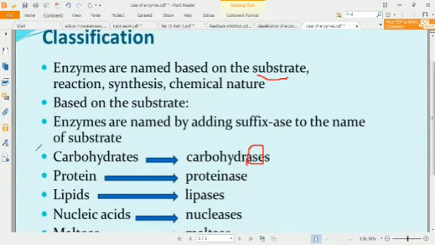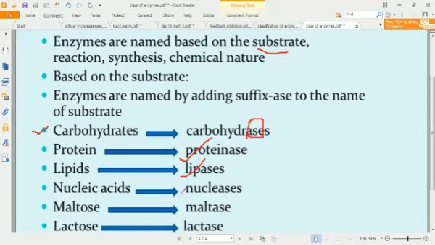Carbohydrates are acted on by carbohydrases. Then we have proteases, or proteinases, which act on proteins, lipases, which act on lipids, and nucleases, which act on nucleic acids.